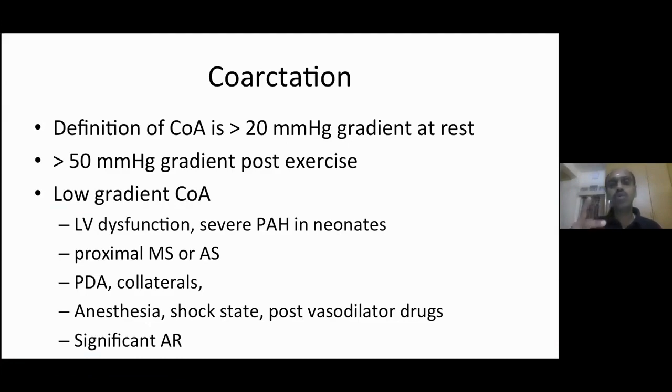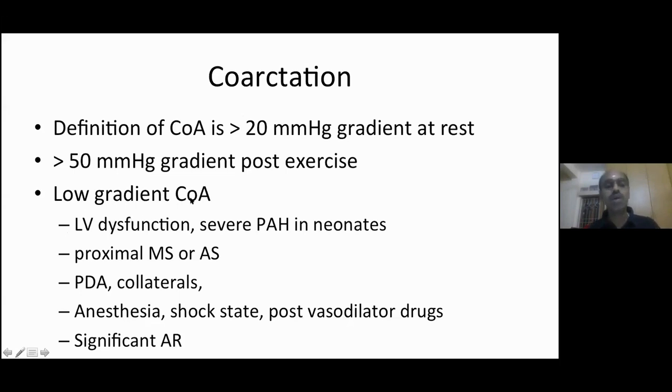Factor number two, the reason why the pressure gradient is only 20 millimeters of mercury between the ascending aorta to descending aorta is because of an enormous amount of collaterals, and these collaterals are no longer sufficient when you are exercising with an increase in the cardiac output. So this results in the collaterals becoming inadequate, and hence you are getting an exaggeration of the gradient.